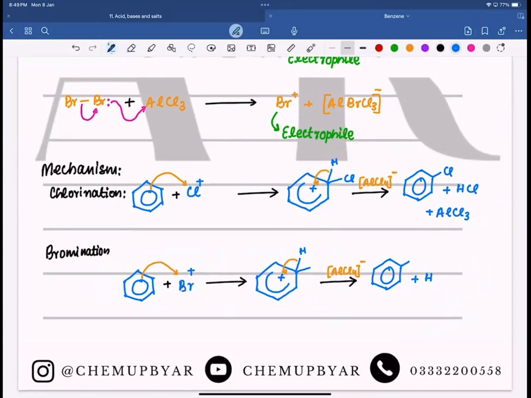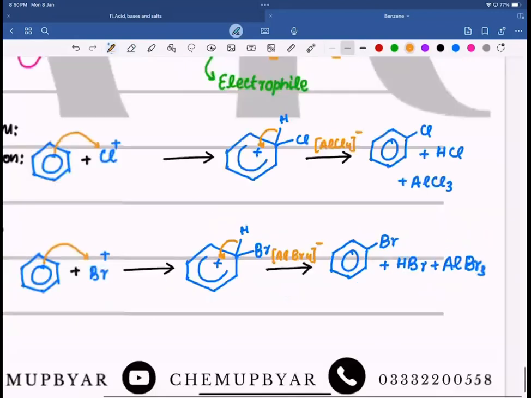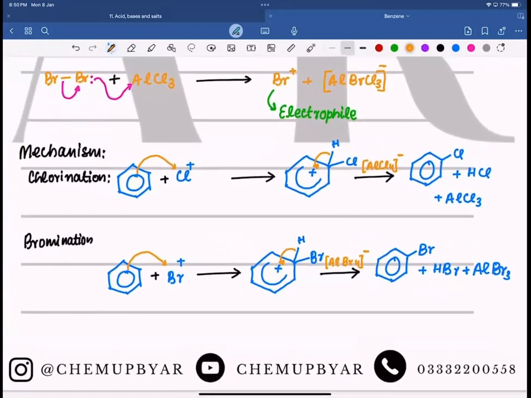So Br positive, Br, HBr, Br, and AlBr3 is restored. And here we have AlBr4 negative.